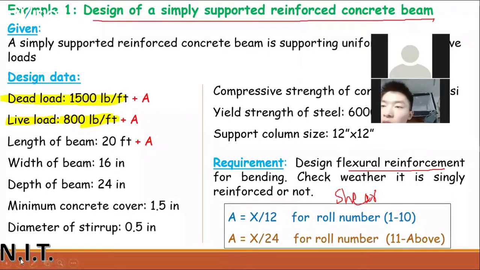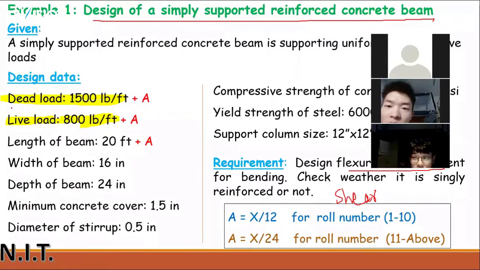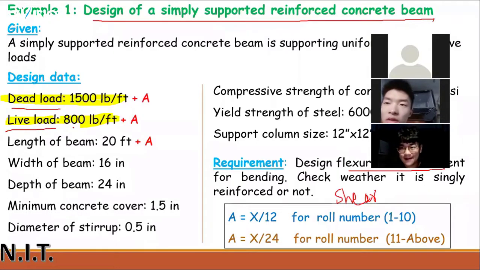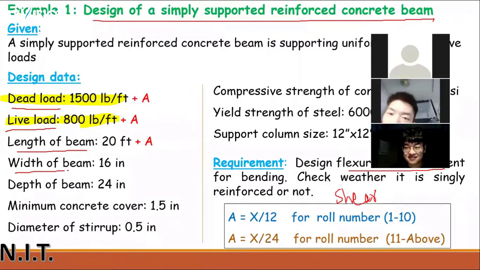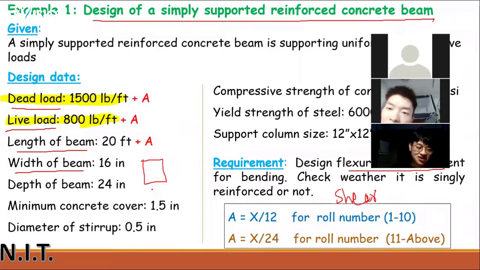See what is given in this question. The dead load is 1500 pounds per feet. Live load 800 pounds per feet. Length of the beam is 20 feet. Width of the cross section, for example, this is the cross section of the beam. Then this side will be equal to 16 inches and this side will be equal to 24 inches.